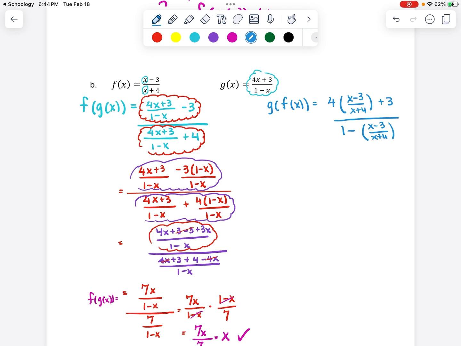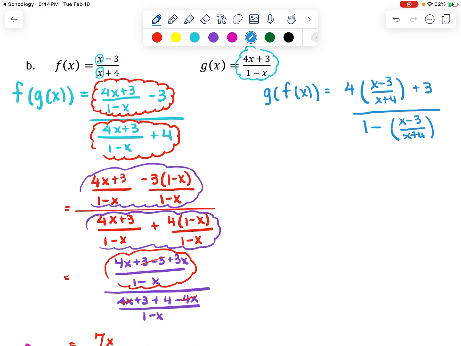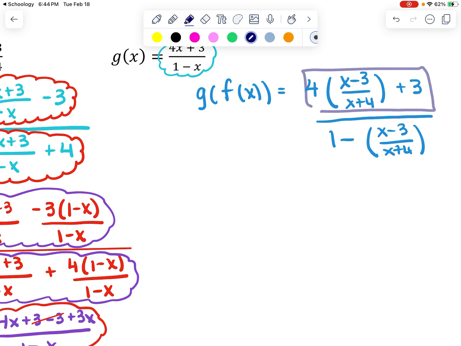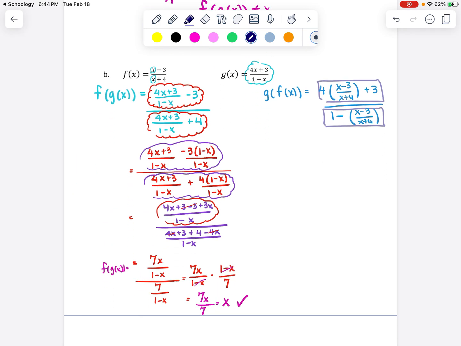So that's the start of the algebra. Now you've got to decide, how are you finishing it? Do me a favor. When you do this, split these up into two separate problems and then simplify at the end with your fractions. Work on it right now with your group, okay?